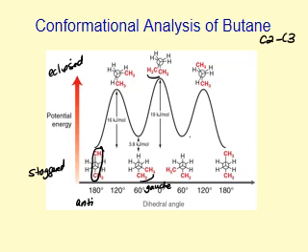Then we would go to a higher energy eclipsed, because now we're eclipsing two methyls instead of just methyls and hydrogens. And so we have two methyls eclipsed, which would raise its energy more. Go back to another gauche interaction, then another eclipsed that does not have the methyls eclipsed, so it's slightly less in energy, and then finally back to the anti-conformation.